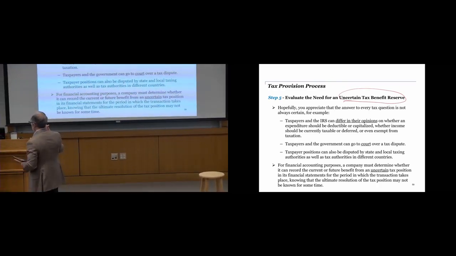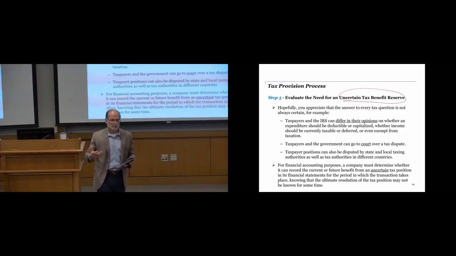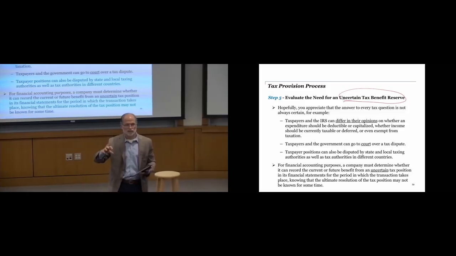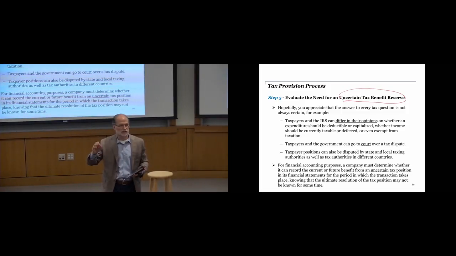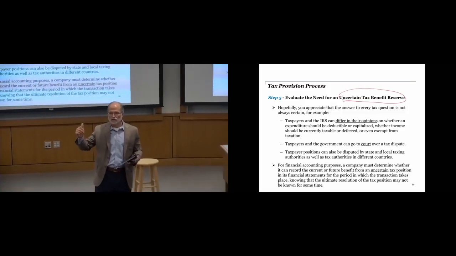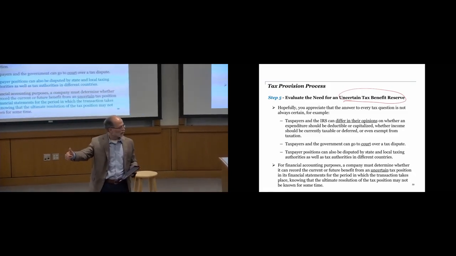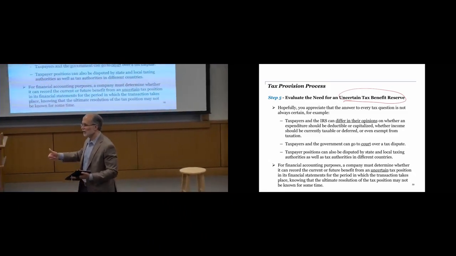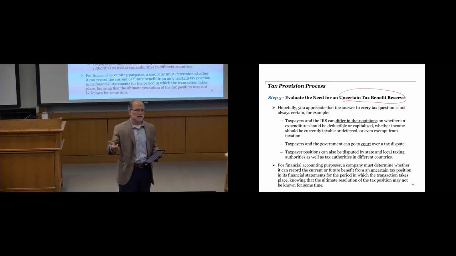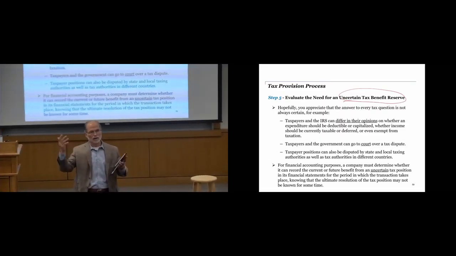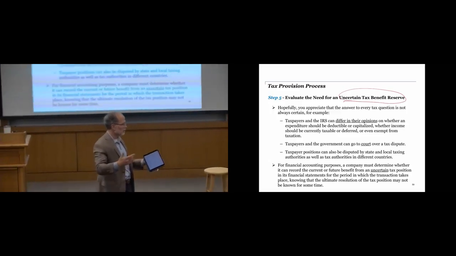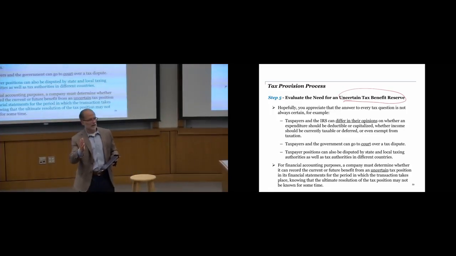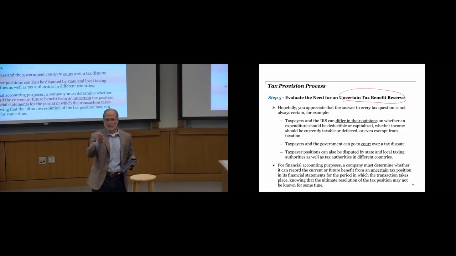I'm reserving here because hopefully you appreciate that the answer to every tax question is not straightforward. Either I have messy law that's not directly on point, and I'm not sure how it applies to my situation, or I have messy facts, and so I don't know how to apply the law to my messy set of facts. So every tax determination is not binary, you're either right or you're wrong.